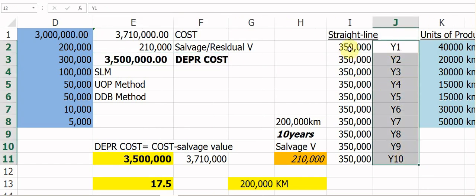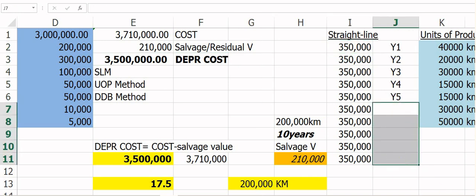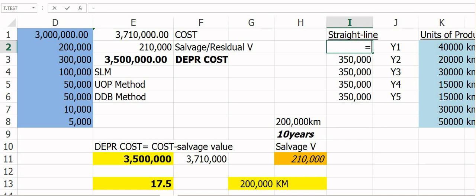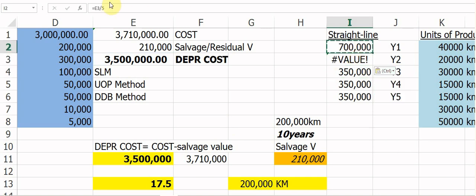If I think I'm only going to use this car for 5 years and then get rid of it for the $210,000, I would take the depreciable cost divided by 5. That would be my new value, and I take this exact same amount every year. Straight line will always be the same amount every year.